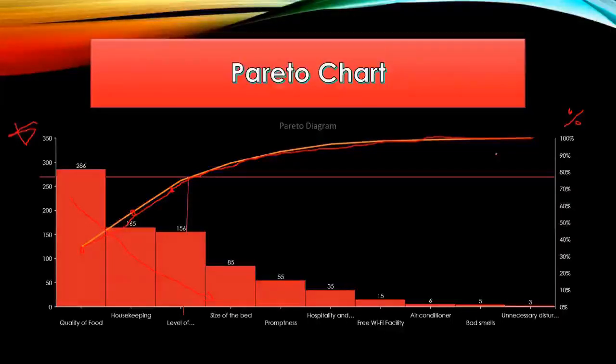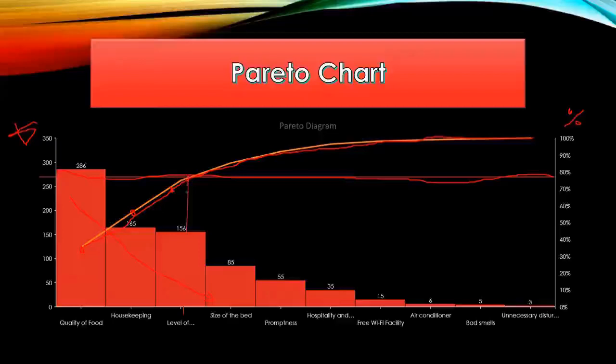Third step is, because we are going to use the 80-20 concept, we have to apply that. Then we are going to draw the 80% line here. Right? This is the line. Then one point you can see it touches, intersects the cumulative dissatisfaction percentage.